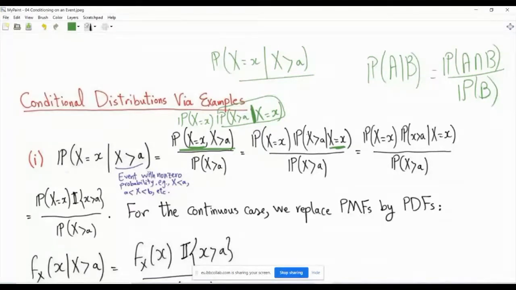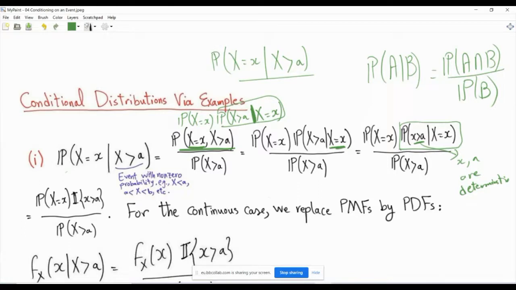Okay, so if I ask you what is the probability that big X is greater than A, given that big X is equal to 5, well, it's the probability that 5 is greater than A. Now, those guys are deterministic. And so this probability that we have here is simply an indicator function.